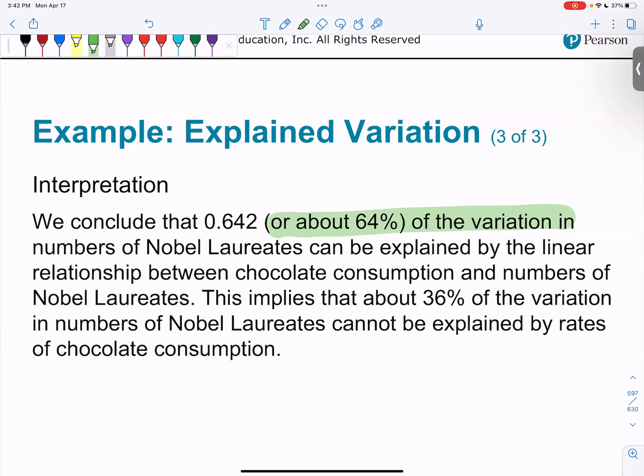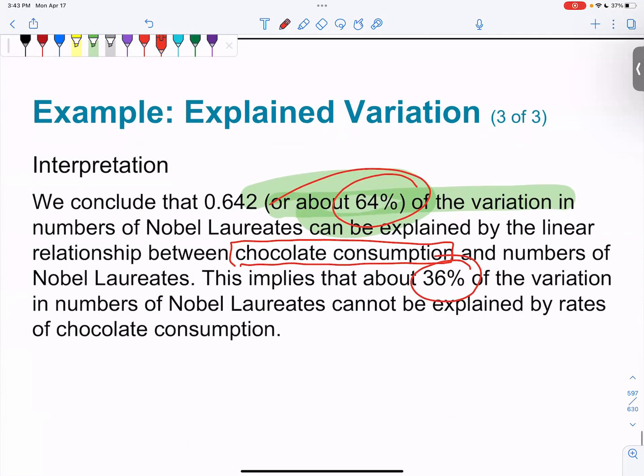And then now we have 64% explained by chocolate consumption. But what we have left, which is 36%, we can call this one unexplained variation, or variation that we cannot explain because of two reasons. One, just chance or error. Two, because of other factors that we don't include in our study.